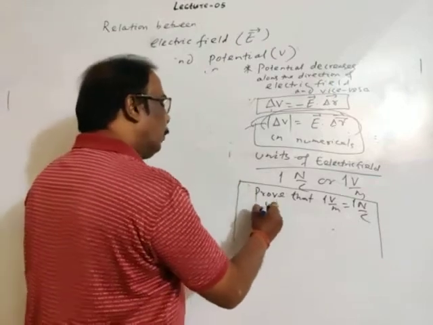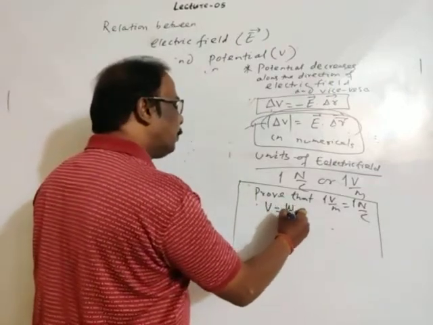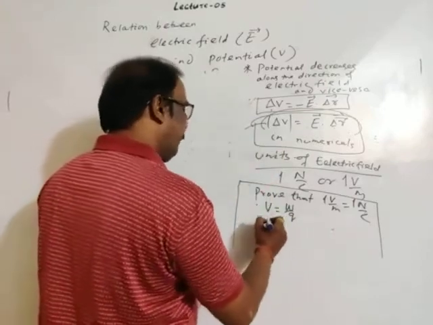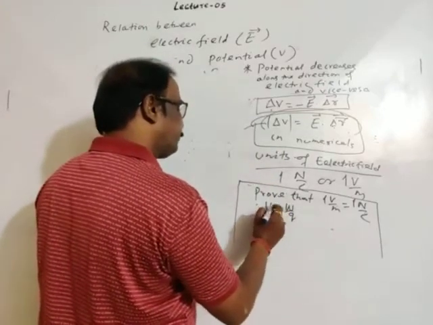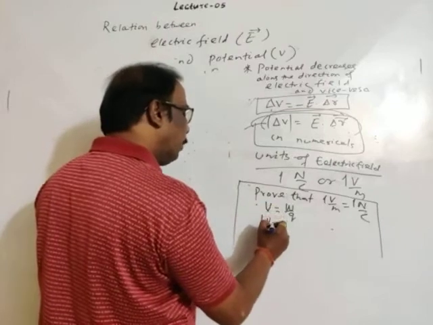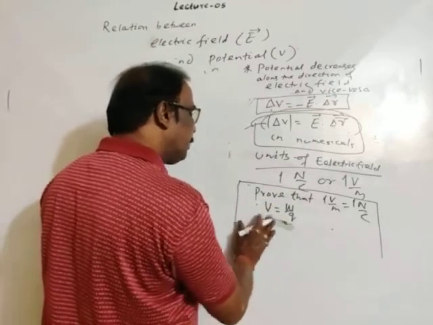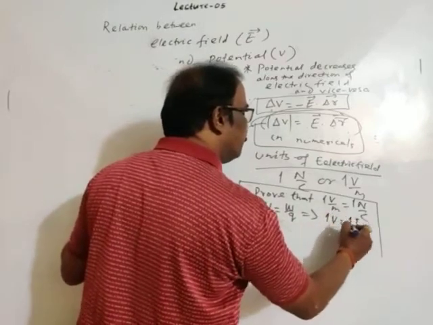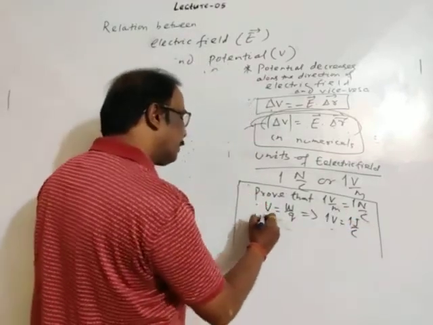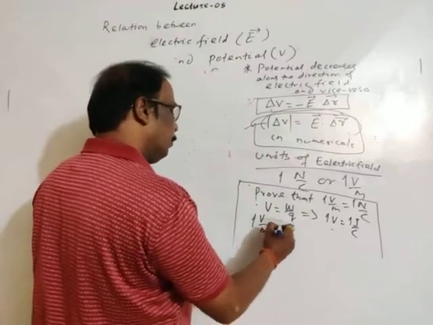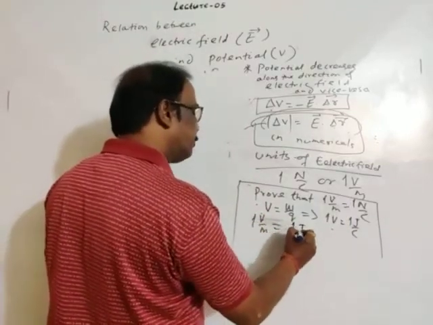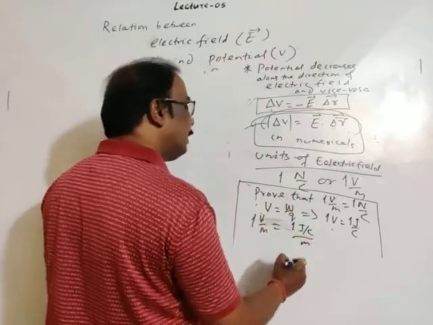Volt means potential, which is equal to work done per unit charge. So 1 volt is equal to 1 joule per Coulomb. I am taking volt per meter. 1 volt per meter: in place of volt I can write joule per Coulomb divided by meter.